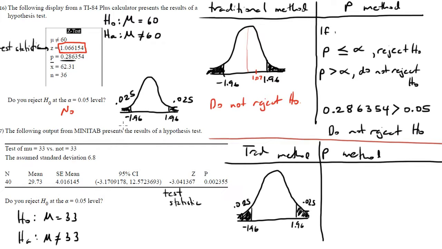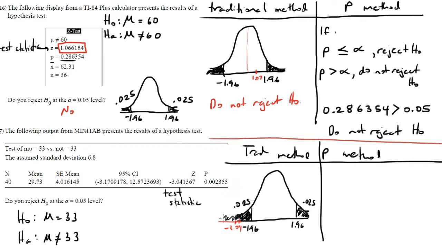The z-value, the test statistic, is negative 3.04. That is over here somewhere, definitely in my critical region.